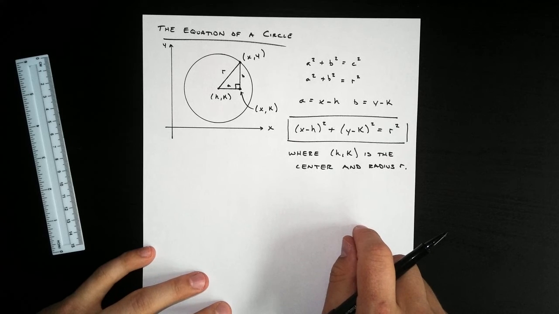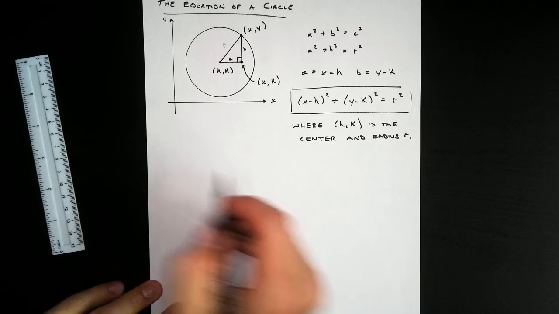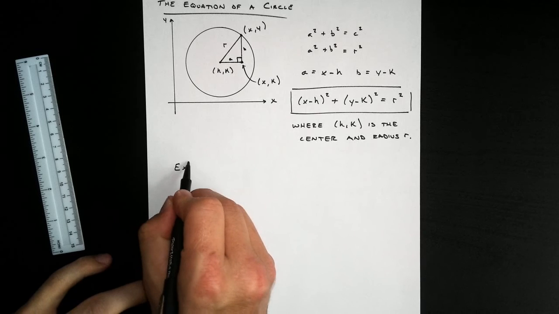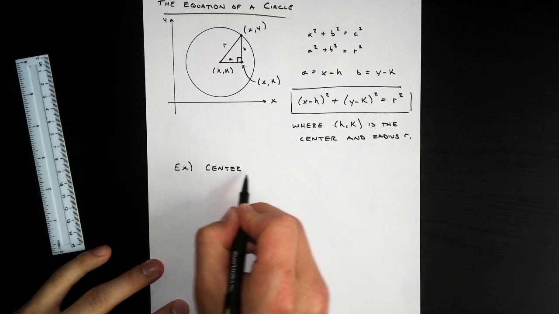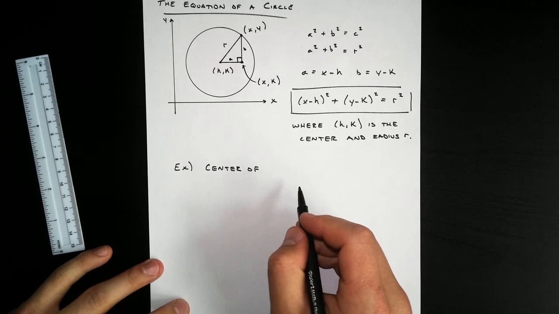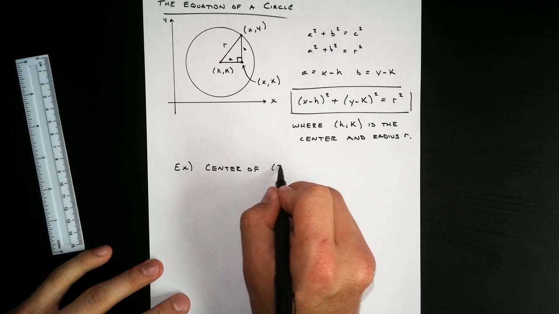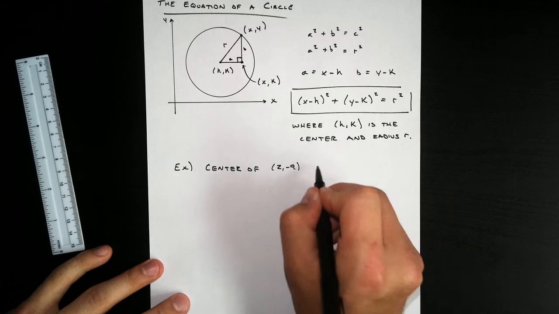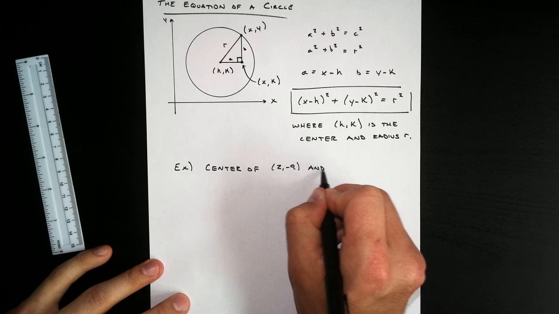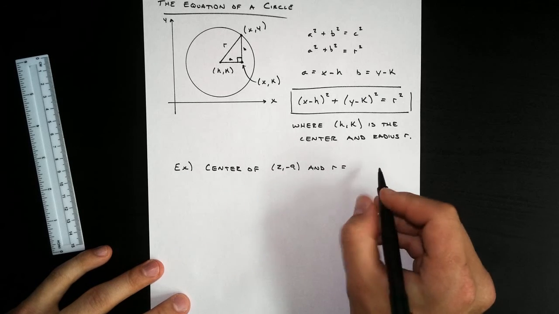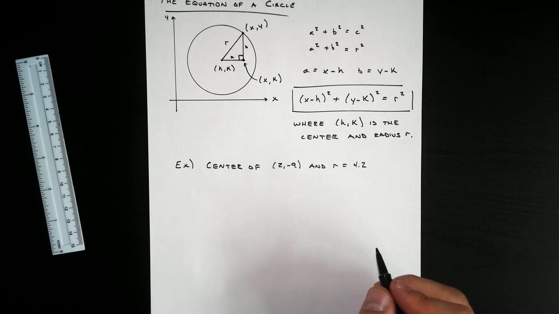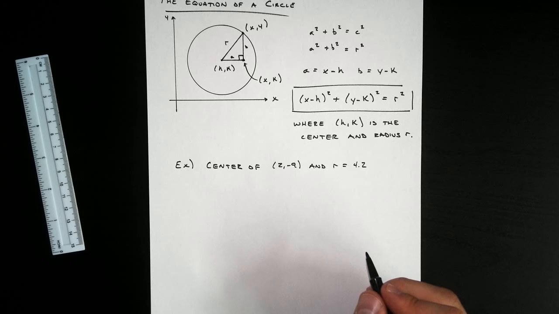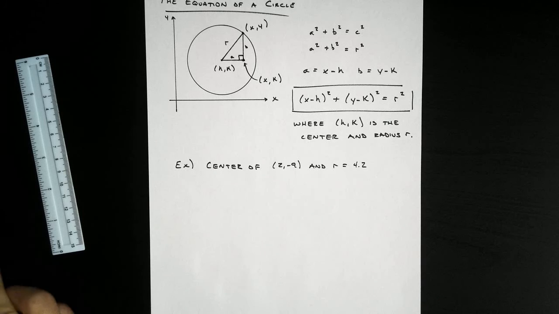So if I want to write the equation of a circle, for example, let's say we're given a center, and let's say that the center is (2, -9), and we have a radius that equals 4.2. With this given information, I can write the equation for the circle.